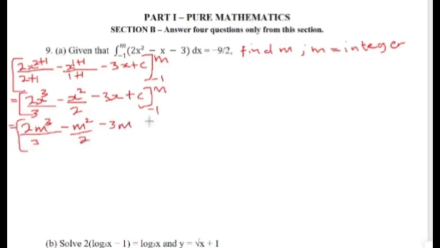This is the upper limit, minus, when we substitute negative 1 into this expression, it's going to be 2 times minus 1 cubed, so that will end up being minus 2 over 3. We substitute minus 1 squared, which will give us minus 1 over 2. Minus 3 times minus 1. As we see, the constant of integration disappears in that question.